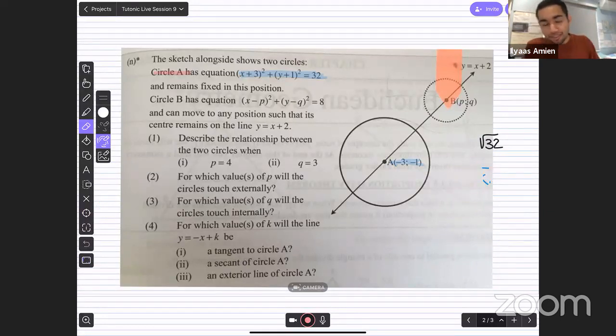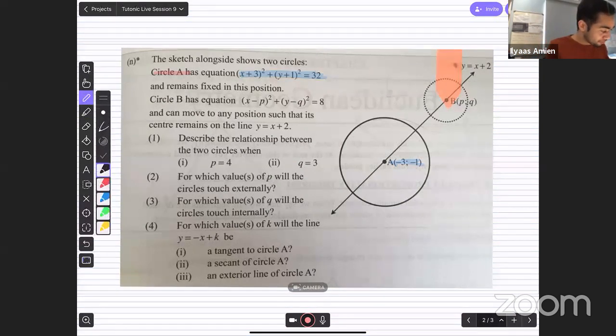Maybe in the final exam they will ask you to show without a calculator. Everything you do on the calculator, you should be able to do without a calculator, except for trigonometry. So this is 4√2.